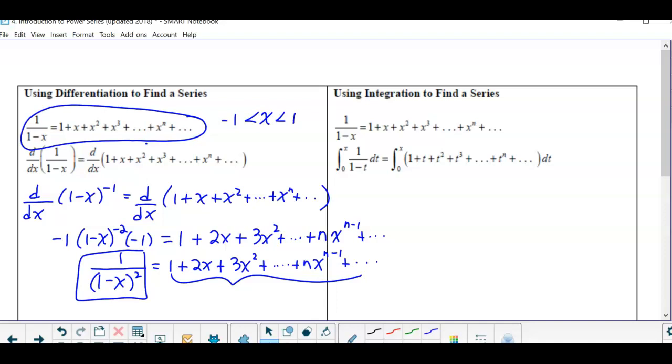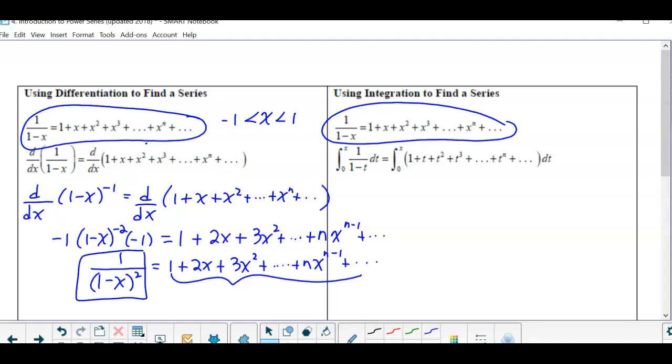And then we can also use integration. Again, based on your basic geometric series there, I'm going to change it to t's just so that we can integrate with respect to x. The last one, we differentiated both sides. Now we're going to integrate both sides.